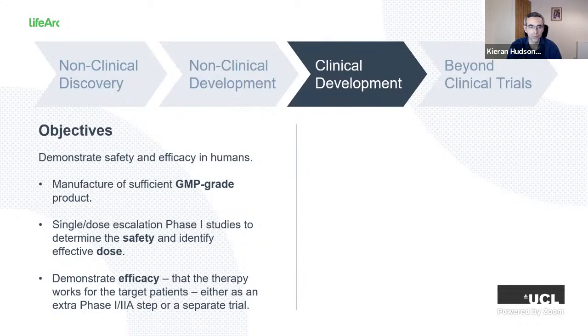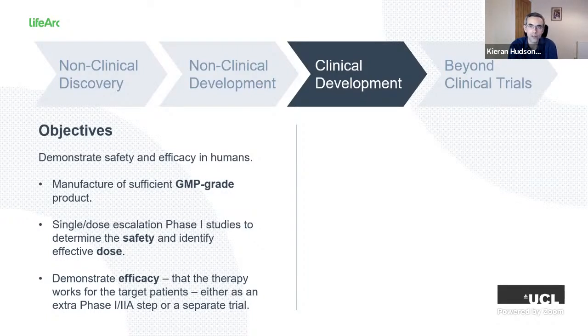So objectives: you need to make sure you can manufacture sufficient GMP, good manufacturing practice, grade product. That's a fairly universal standard of what is required to manufacture a product that's going to go into clinical development. And you need to have that in hand, or at least a process in place to be able to access it throughout your clinical development plan. And there are two main aspects to early clinical development.